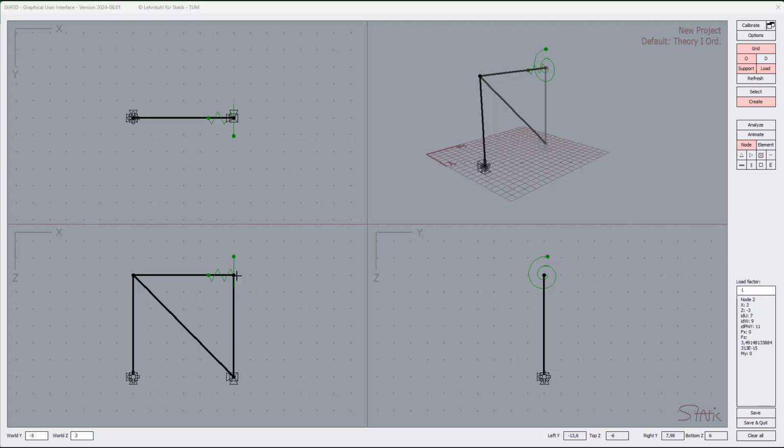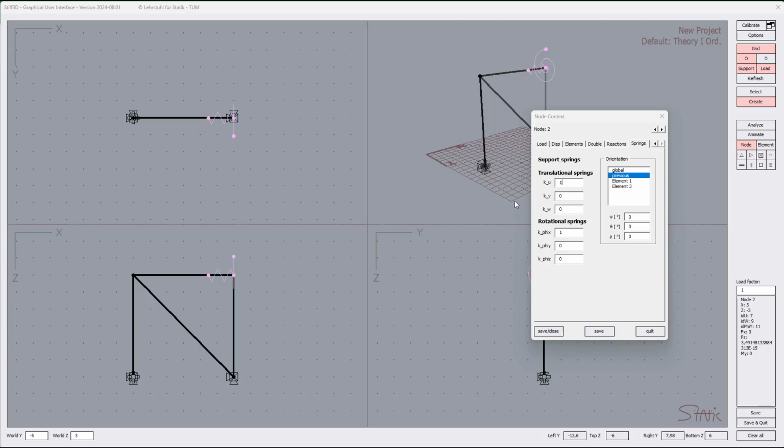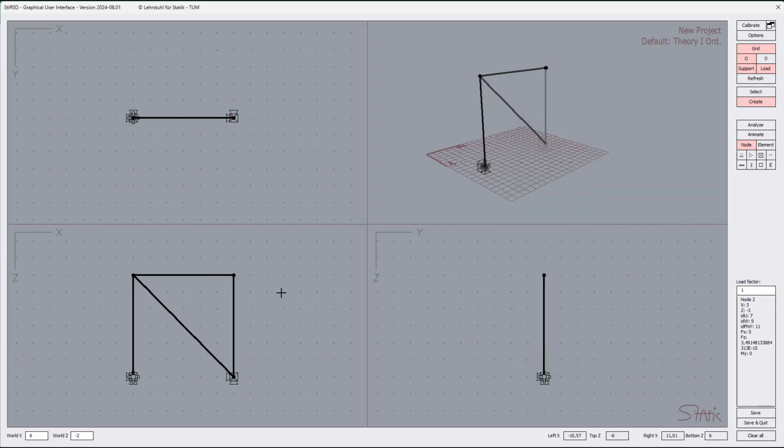Okay, coming back to our node, I again open the context menu and take away the spring stiffness so that we are back to the node without any modifications. What remains is the drop-down menu for the node. If you go with the cursor on the node and push the right button of the mouse, we see the drop-down menu for the node, which is in this case pretty small.